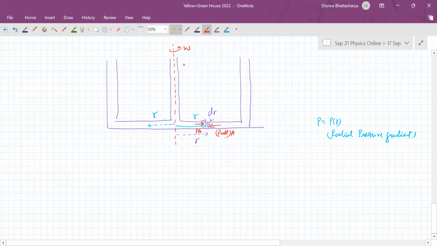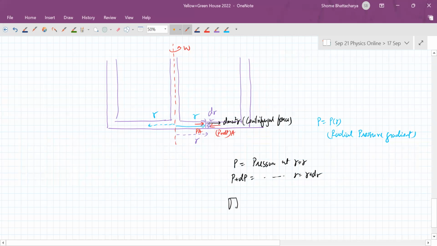And because it's rotating like this, there is centrifugal force acting on it. So that is dm omega square r. This is the centrifugal force. Okay. So P is the pressure at r equal to r, and P plus dP is the pressure at r equal to r plus dr.